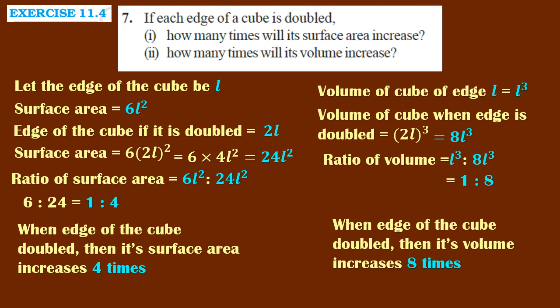Similarly, children, you can think about other solid shapes. For example, of cylinder. What will happen to the cylinder when its height is doubled or radius is put half like that? You think about it and find it is quite interesting to know. Now we are moving on to the last question of this exercise and also this chapter.